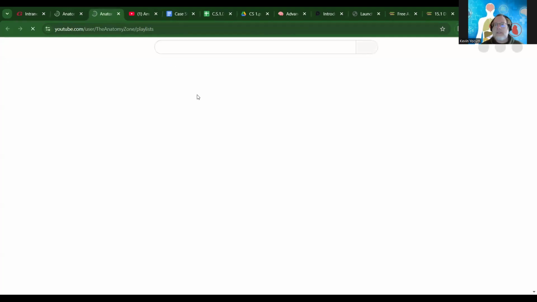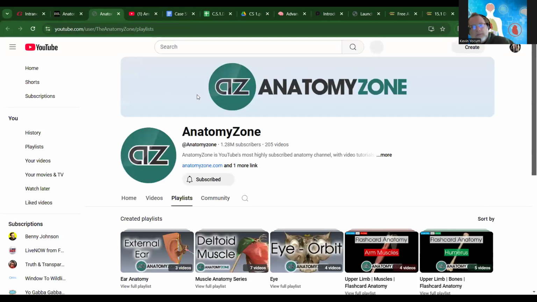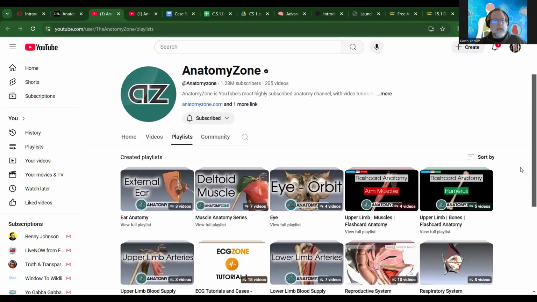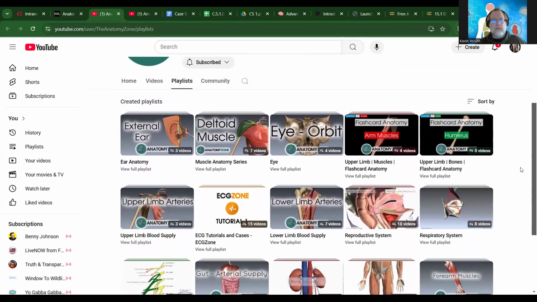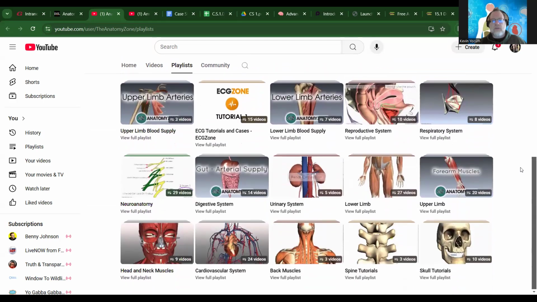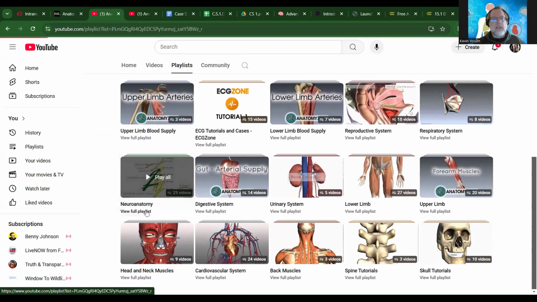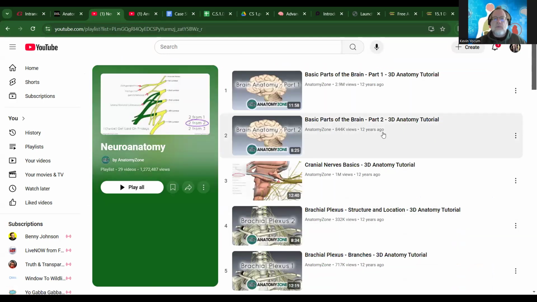Anatomy Zone. It's like Golden Corral. Some of you like the dessert bar. But anyway, you get the drift. Look at this one, Anatomy Zone. This one's really good for general EMP, but also for your review. Look at neuroanatomy, just really nice, like this is what we're doing right now.